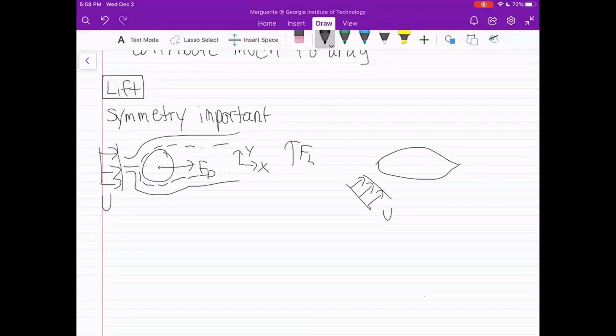So with drag, we talked about both shape and Reynolds number. But as it turns out, Reynolds number doesn't actually affect lift quite as much. So the most important factor is shape. Again, I'm going to write down the coefficient for lift just to remind you. It's the same as drag, but with lift instead of drag.